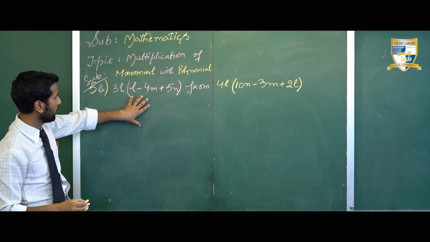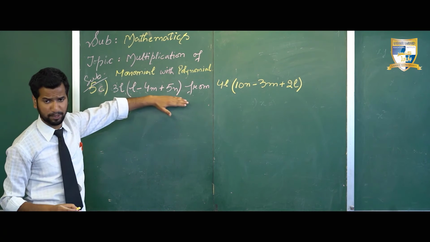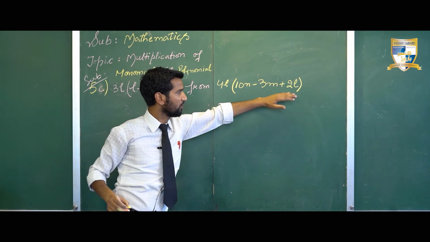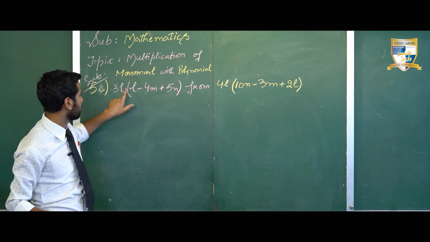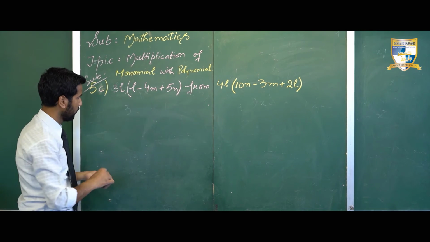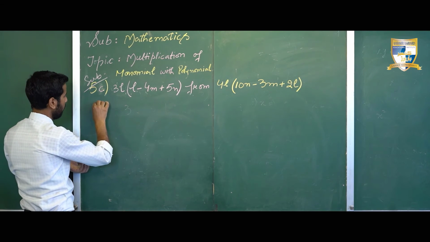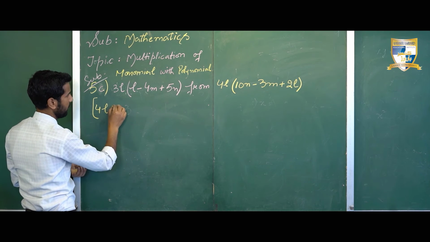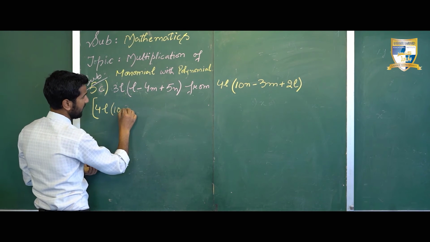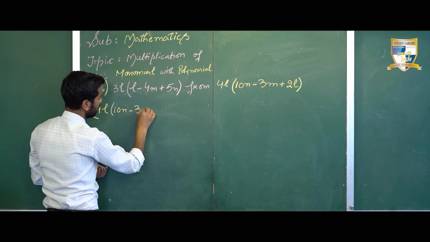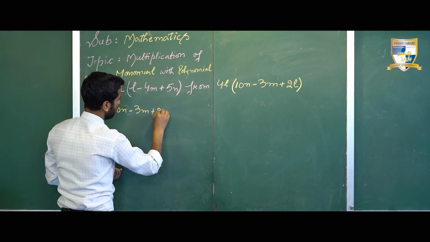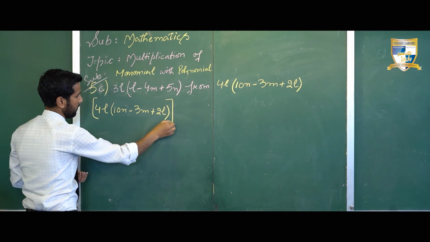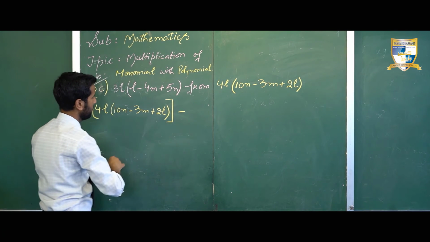So what we are going to do here is subtract this expression from this expression. We are going to write this first, and then subtract this expression from it. So let's write 4L (10N minus 3M plus 2L), bracket close, and we are going to subtract what?